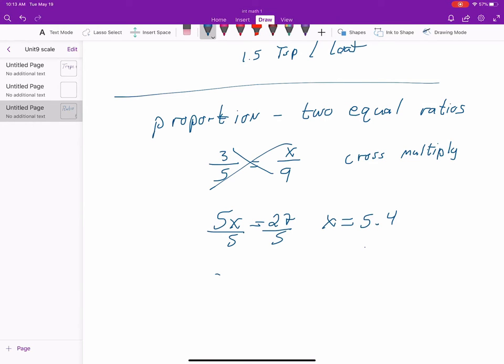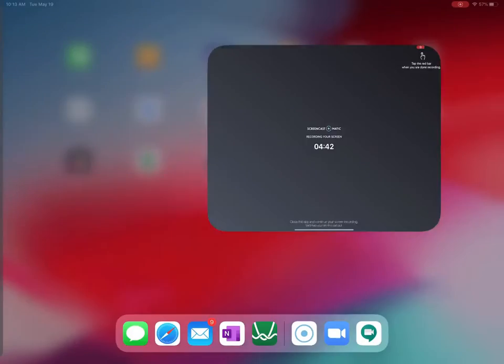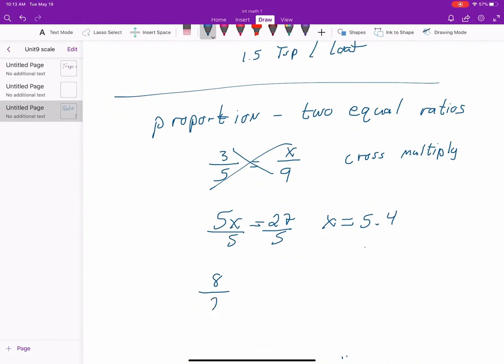So let's take another one here, another proportion. I'm going to put down 21 on the bottom, and this time I'm going to put 12 up here, and I want to know what that looks like.